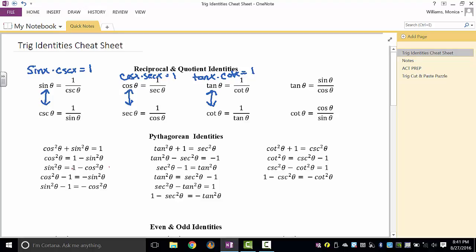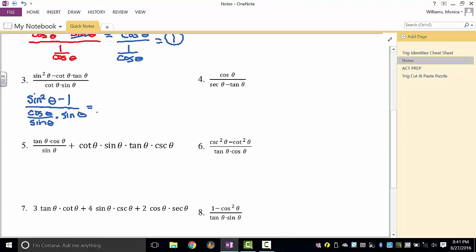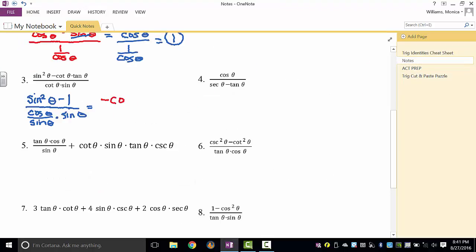So I'm looking for sine squared theta minus 1. Sine squared theta minus 1 equals negative cosine squared theta. In my denominator, my signs cancel, and I'm left with cosine. Well, negative cosine squared divided by cosine is simply negative cosine theta.